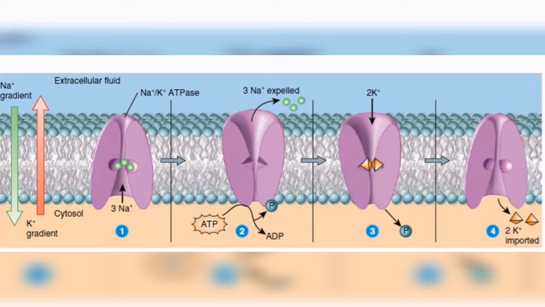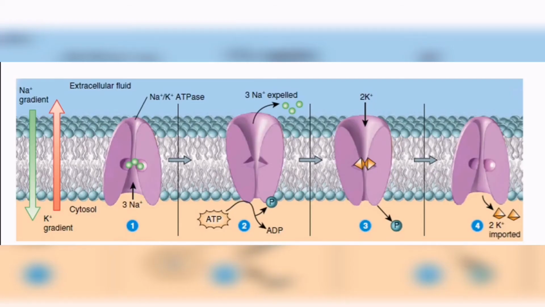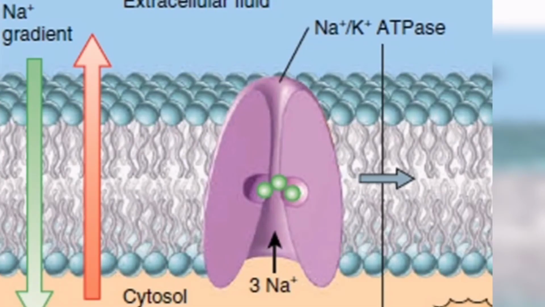So, let's take a look. First of all, the carrier proteins that mediate the primary active transport are often called pumps. Here, the sodium potassium pump, because it mediates the transport of sodium as well as potassium. First, sodium ions from the cytosol bind to the inside surface of the pump.